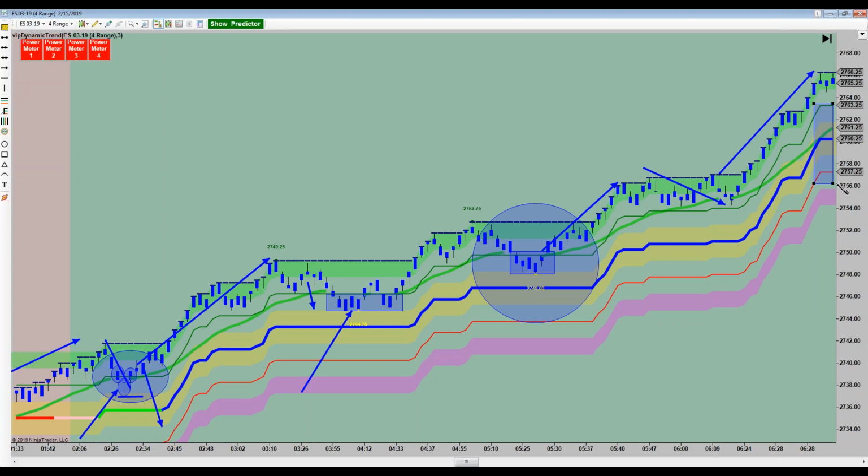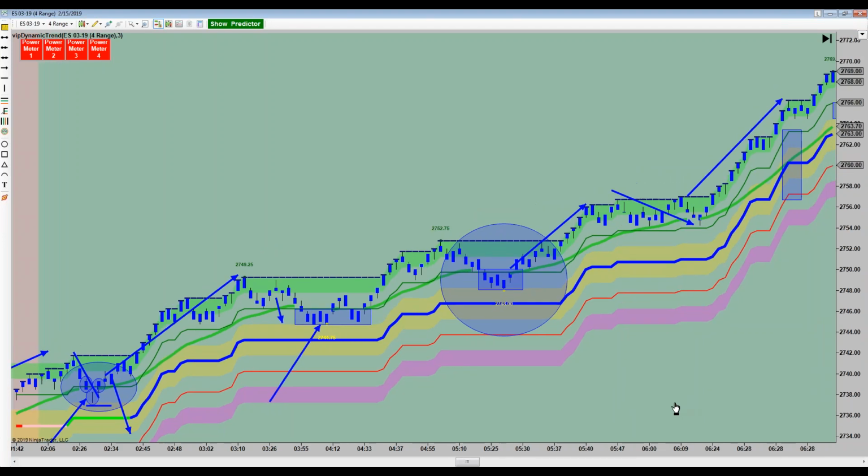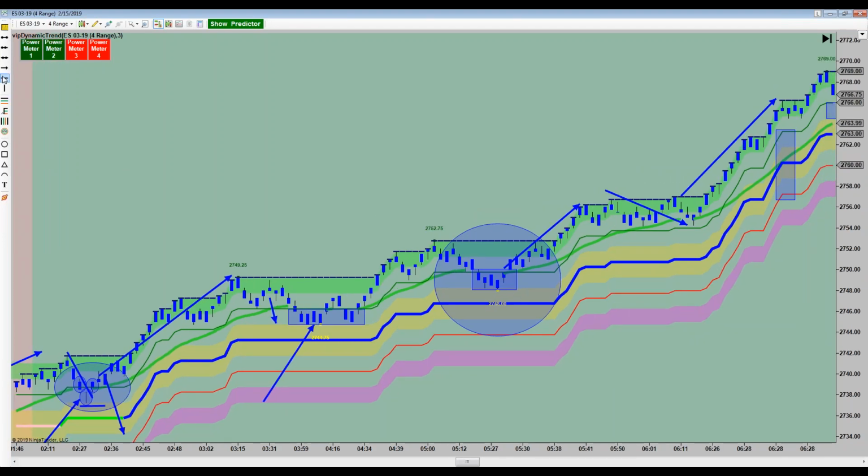I have like a little sweet spot zone where I'm looking at it, and that's like when you hear things in the room like, if ES retraces anywhere between like 60 and 62 and bounces in and around the mid-band, I would buy that. That's because as this thing is moving up, I'm not looking here. I'm not looking here. I mean, I might glance at it, but my thinking is here.